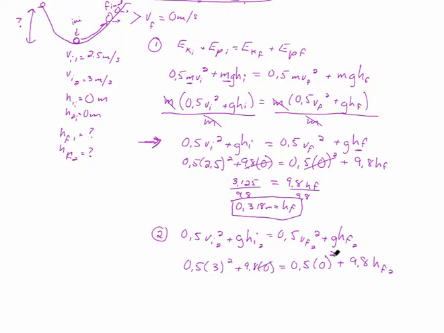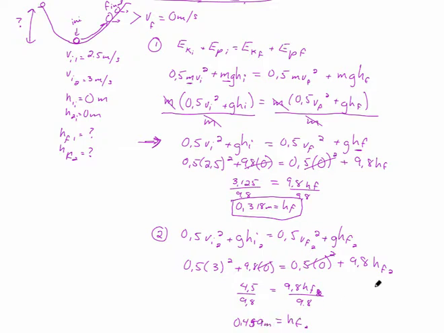So this is 0, this is 0, so I'm left with 0.5 times 3 squared, which is 4.5, equal to 9.8 hf. If I divide by 9.8 on both sides, I end up with a final height of the second ball at 0.459 meters.